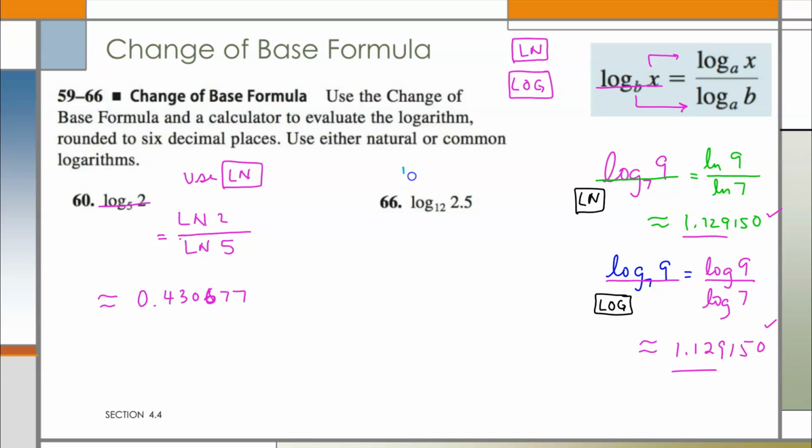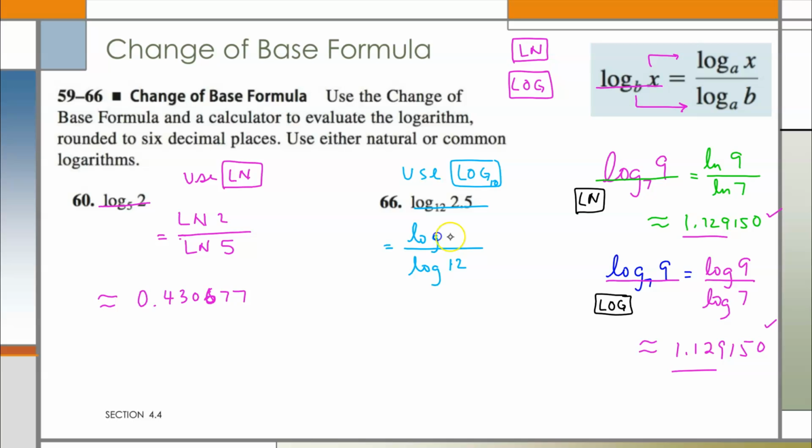Now this one, again, it doesn't matter if I do ln or log. This one we're going to do log just for variety. We're going to change from base 12 to base 10, which is understood for log. The 12 is subscripted, so we would have log of 12 in the denominator.